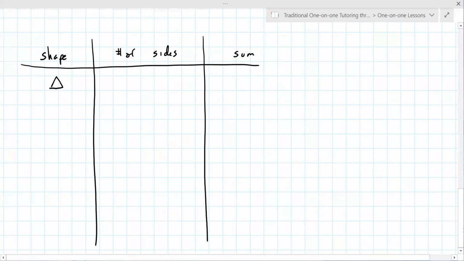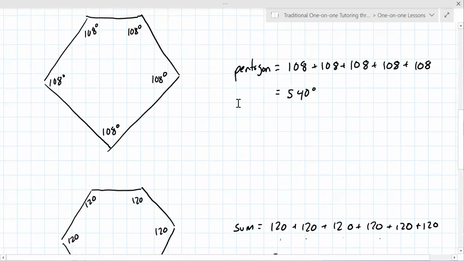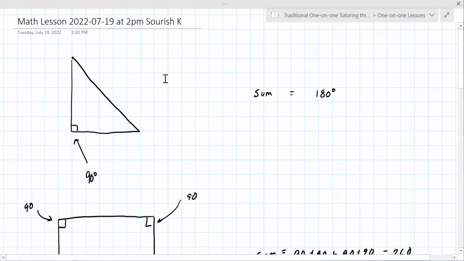How many sides does a triangle have? 3. And what did the angles add up to? 180.